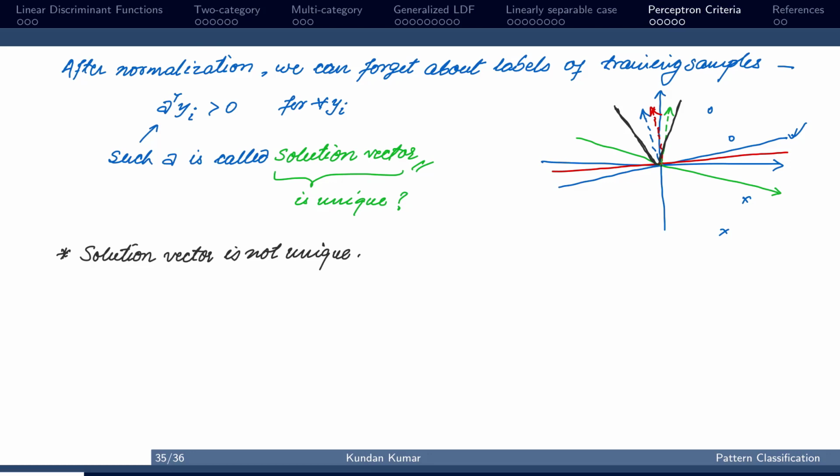Okay, so here, whatever the region that we have created, that means here we have many solution vectors.